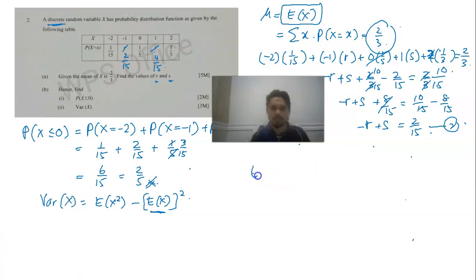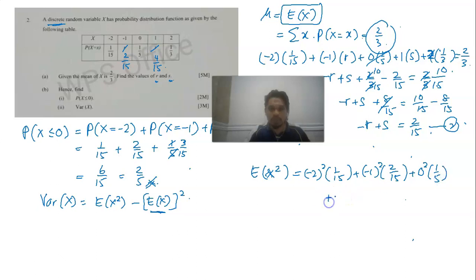So then expected of X squared, which is -2 squared times 1 over 15 plus -1 squared times 2 over 15 plus 0 squared times 1 over 5 plus 1 squared times 4 over 15 plus 2 squared times 1 over 3.